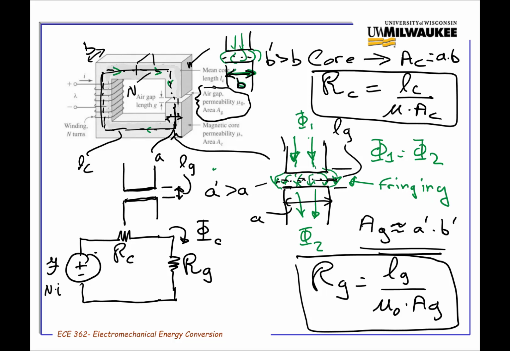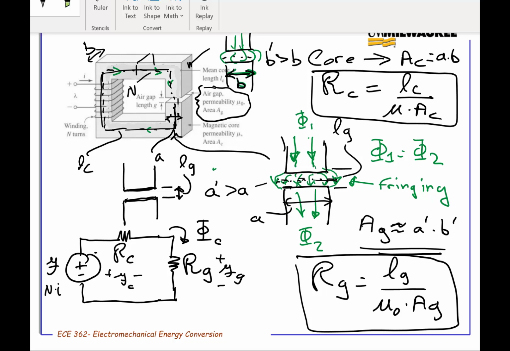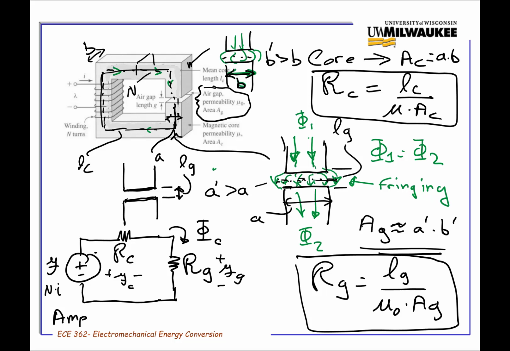The flux, by Gauss's law, is the same everywhere in this core structure. And essentially I've got an MMF drop across the gap, and I have an MMF drop across the core. This is Ampere's law, which is actually analogous to Kirchhoff's voltage law.